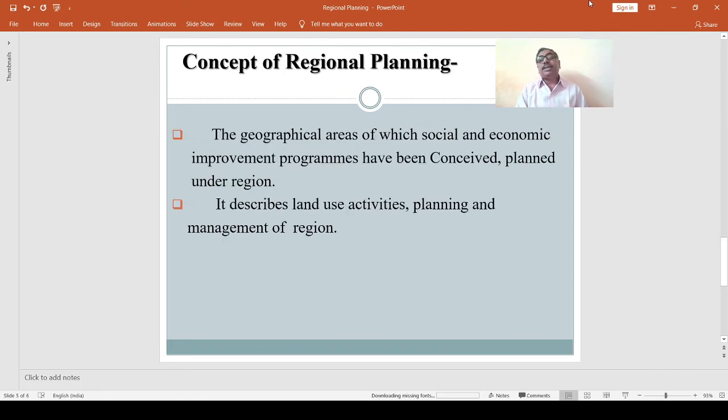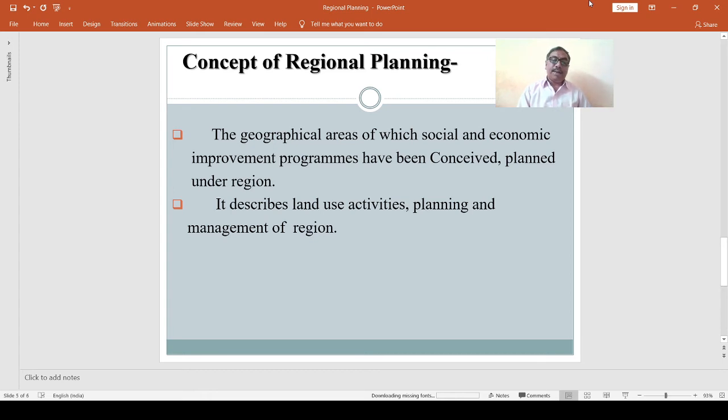Then the concept of regional planning. The geographical areas of which social and economic improvement programs have been conceived, planned under a region. It describes land use activities, planning, and management of a region.